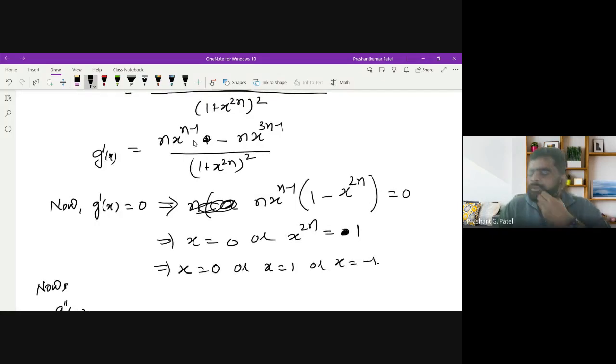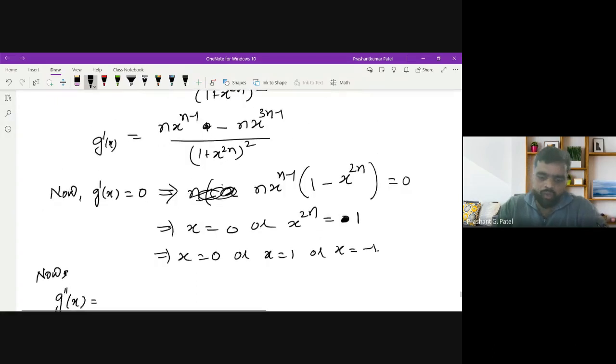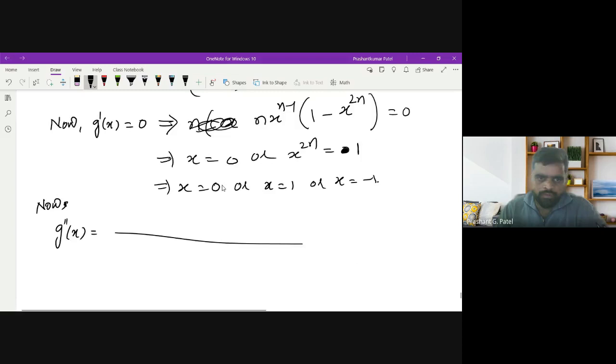So let us calculate the derivative of this again by the division rule. This is (1 plus x^(2n)) whole raised to 4, with (1 plus x^(2n)) whole squared as it is.